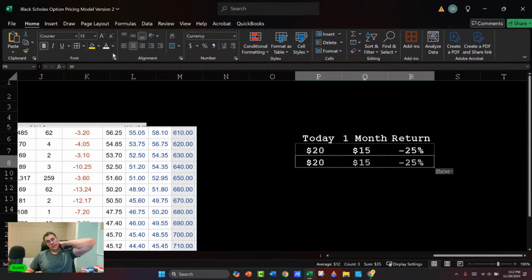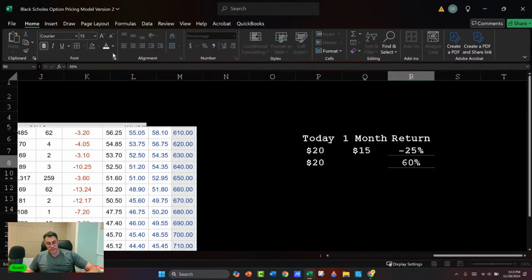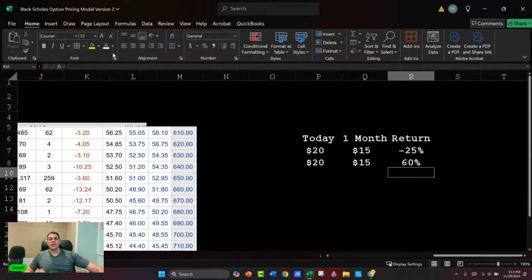But let's say same exact stock, but you bought options instead. And let's say you did 6-month options. If the stock went from 20 to 15, you're probably down like 60% on the option, even though the stock went down 25%. It's so much more levered.